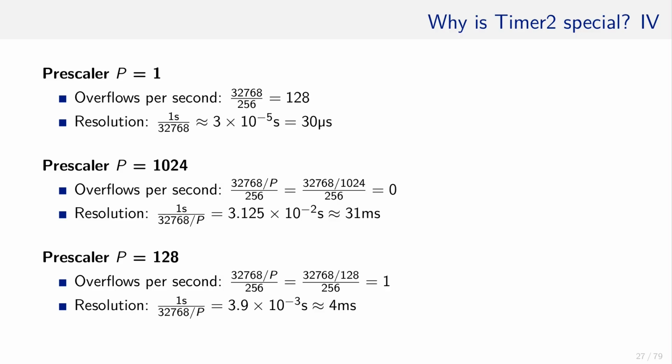If the Prescaler is set to 128, a setting that is not available with the other timers, something interesting happens. TCNT2 overflows exactly once every second, so we can stop the CPU every second to do something else. Between 2 increments, around 4 milliseconds pass, so we can distinguish at most 4 milliseconds while waiting for the next increment.